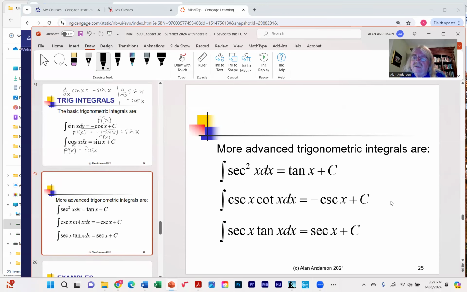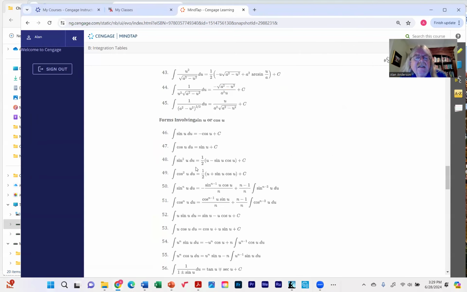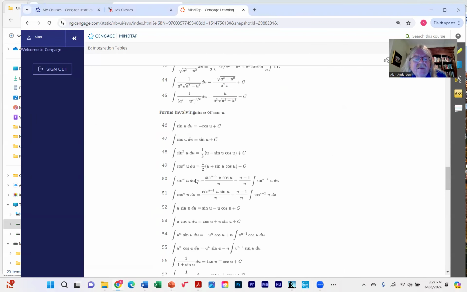Now, these are where it gets a little messy. With these, to demonstrate these, we end up needing to use a lot of trig identities. There's a lot of trig identities that we can choose from. For now, we just want to go through these and recognize them when we see them again. The integral of secant squared x dx is tan x. Here, this one is negative cosecant x, and the last one is simply secant x.